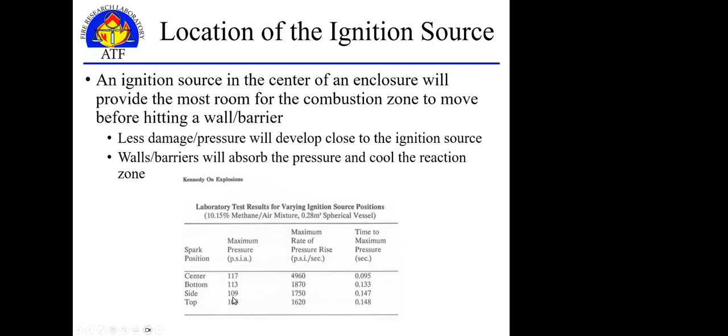Same thing with the side, shouldn't be all that much different. With the top, you see the least amount of pressure rise, and I suppose that's because you're fighting gravity, you're pushing everything down. But there are fairly significant differences in the pressures based off of where that ignition source is located.